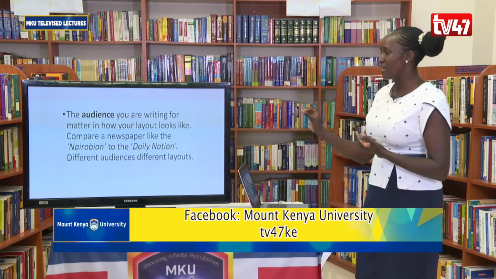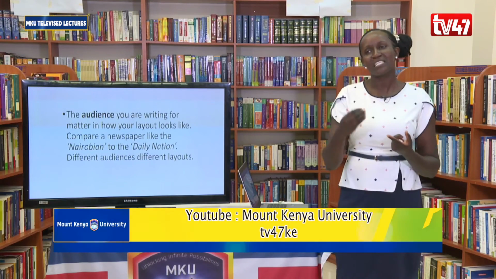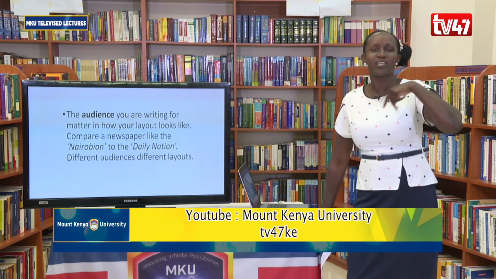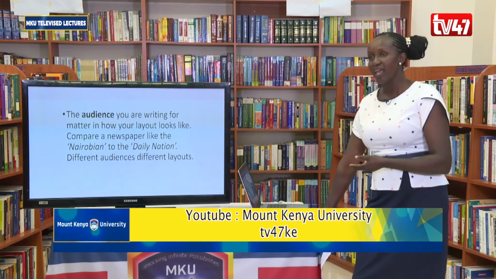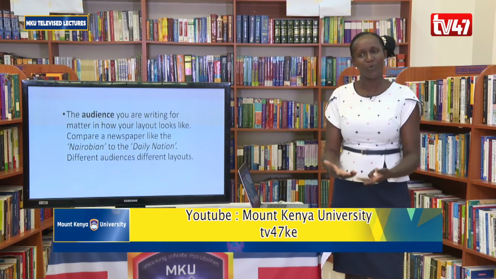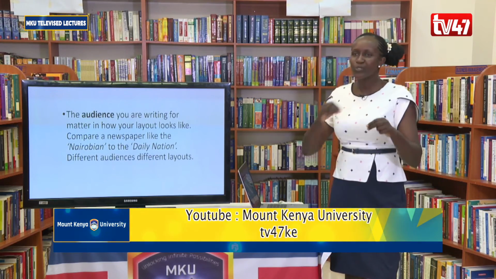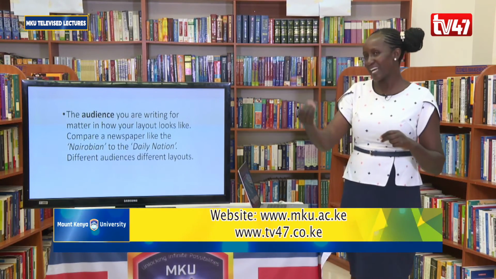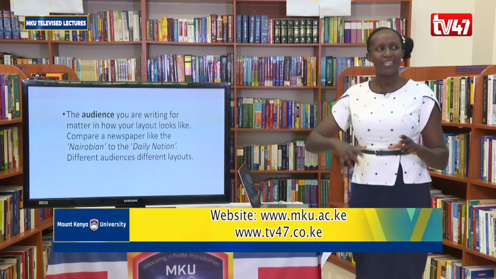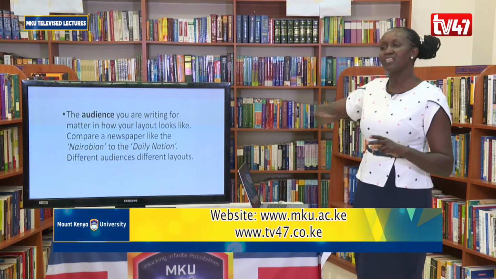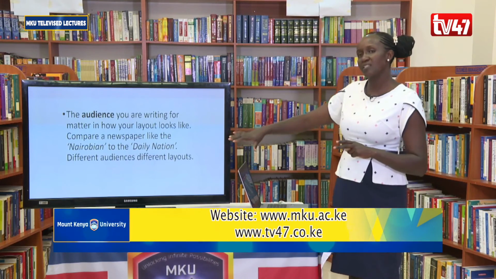I've given you the example of the Nairobian versus the Daily Nation, or the Nairobian maybe versus the Standard. If you look at just the design of both newspapers in Kenya, you'll realize that something about their target audience are even very different. The display of the images on the Nairobian is very different from the display of the images on the Daily Nation.